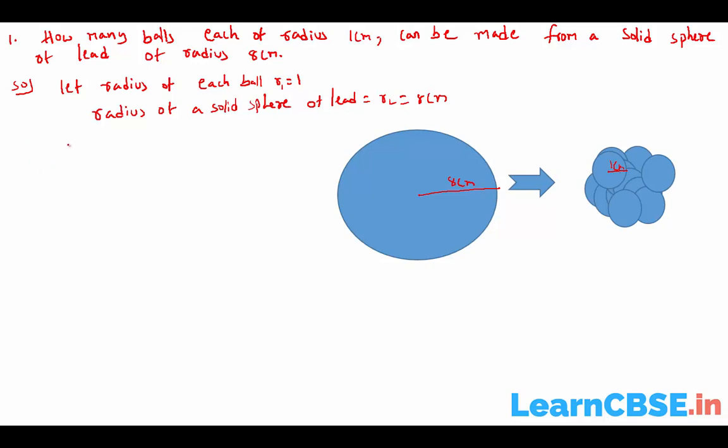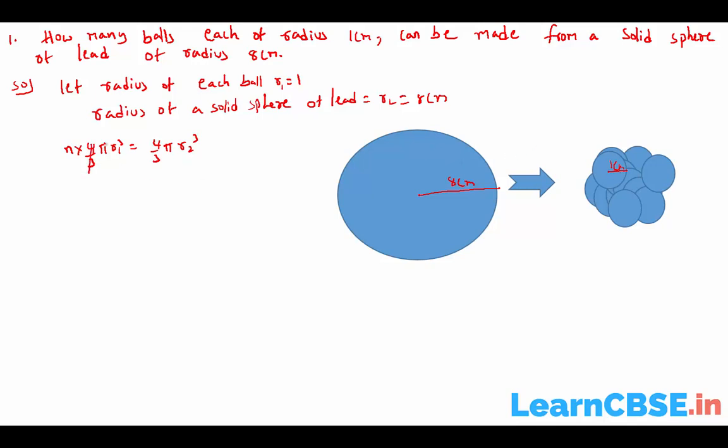So now, the number of balls equals n. n into 4/3 pi r1 cube must be equal to 4/3 pi r2 cube. Total volume must be equal to n into the volume of each ball.